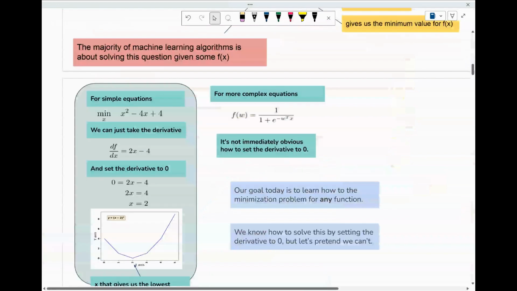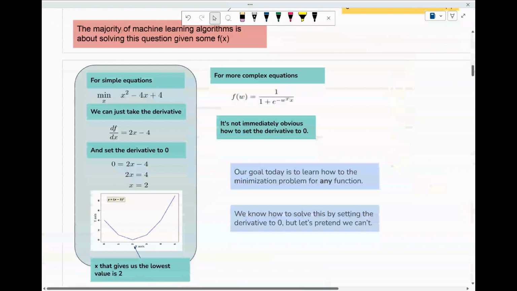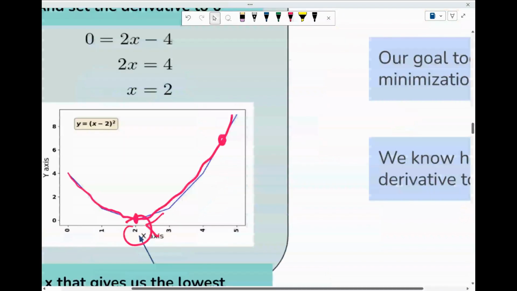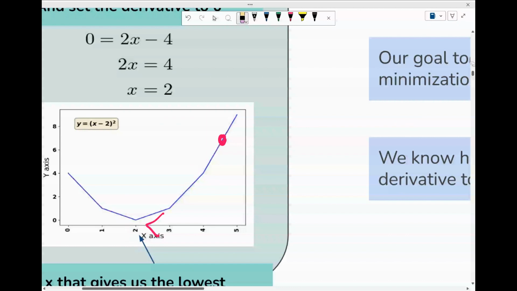Now, in calculus, you may have learned that when you have a function, obviously this is a high point, and this point is the low point. So when you're trying to find a minimization, the value of 2 would be where the function is the lowest.